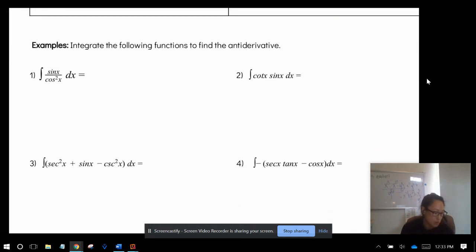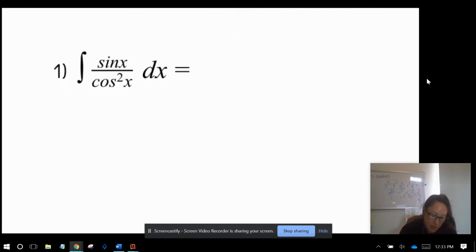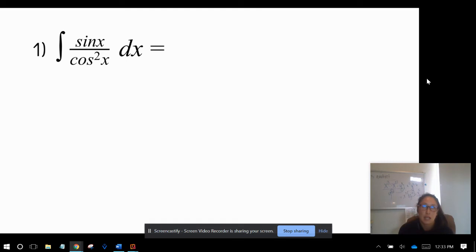All right, so we're going to do some antiderivatives using trig, everyone's favorite. So the integral of sine over cosine squared x, I am going to use a trig identity. Let's rewrite this in a way that makes more sense.